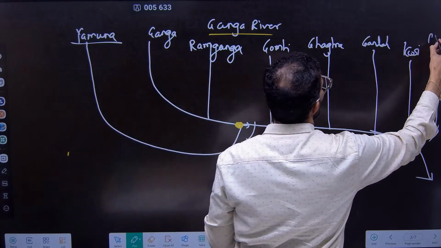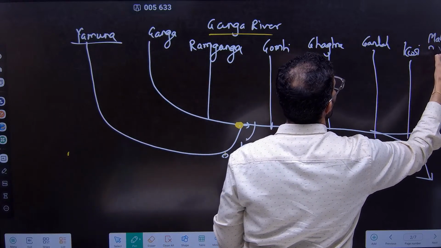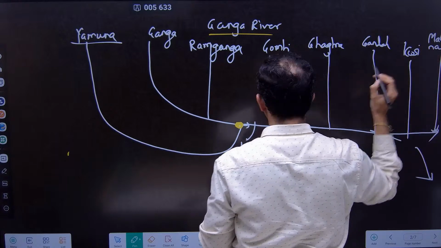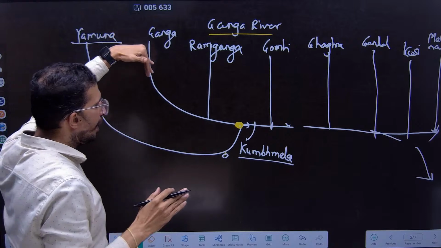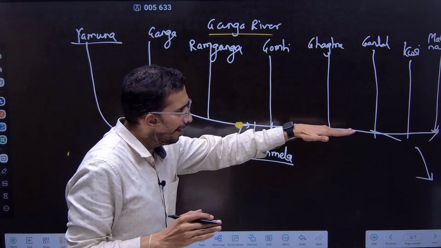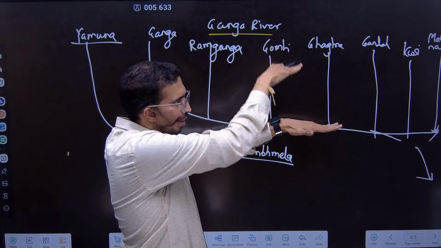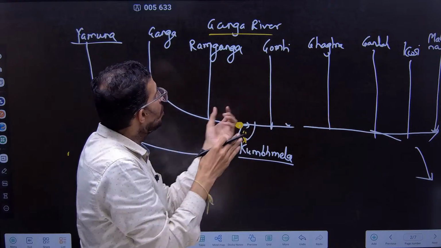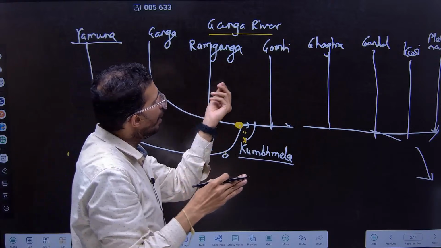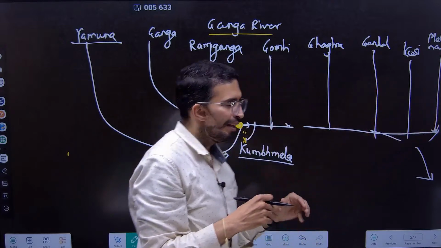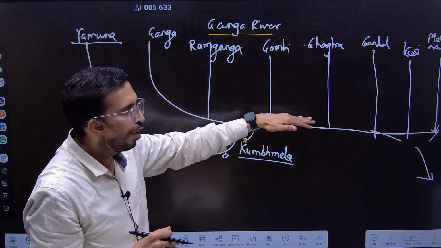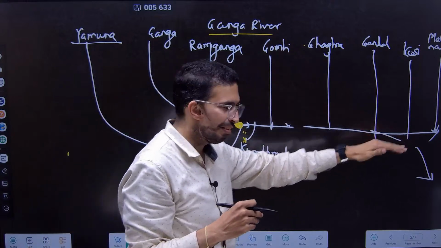Mahananda. This is just a skeleton. If the Ganga river flows like this, these are considered the left bank tributaries. So the sequence is: Ram Ganga, Gomati, Ghagara, Gandak, Kosi and Mahananda. These are the main left bank tributaries of the Ganga river system.